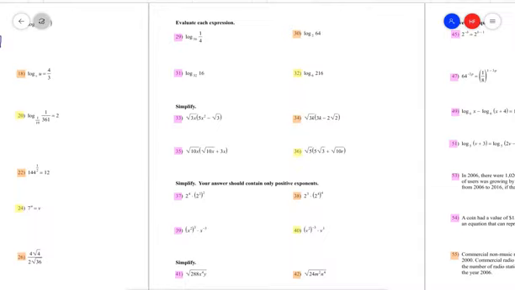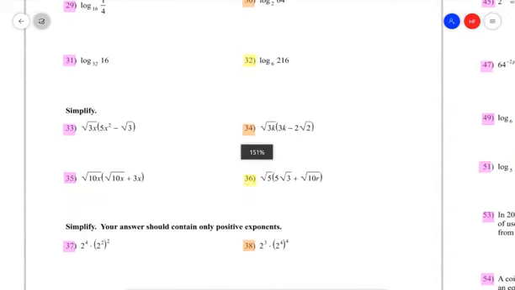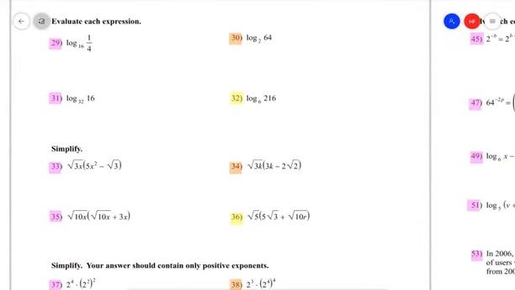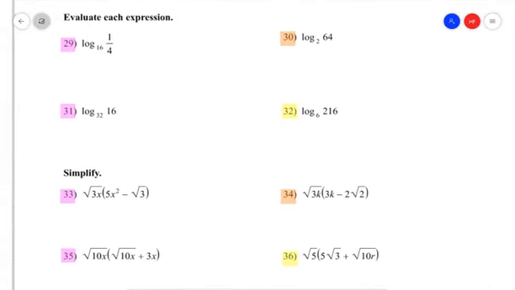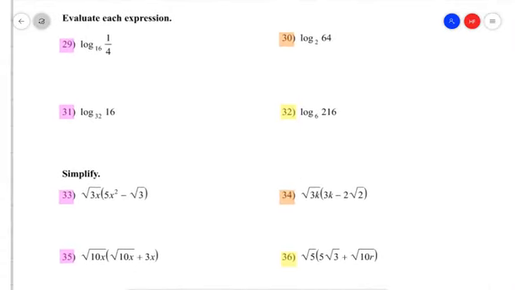Then on the next section, we're evaluating these expressions. So we've got log base 16 of 1/4. We want to know what that equals. And so we have first, last equals middle. So the way I like to do these is to convert them.